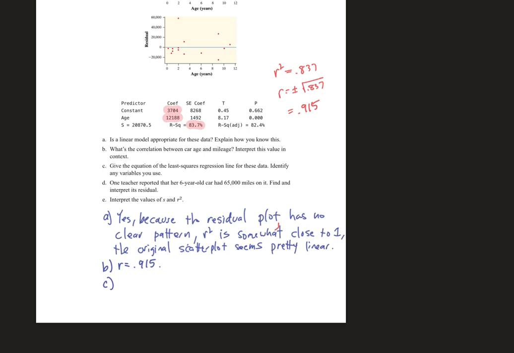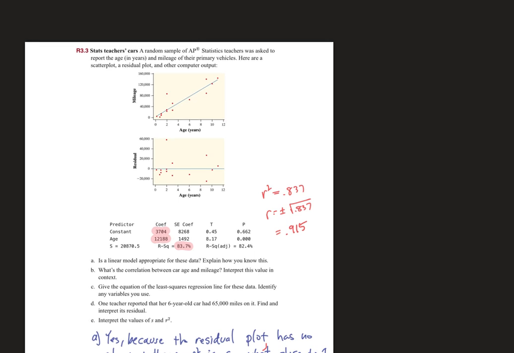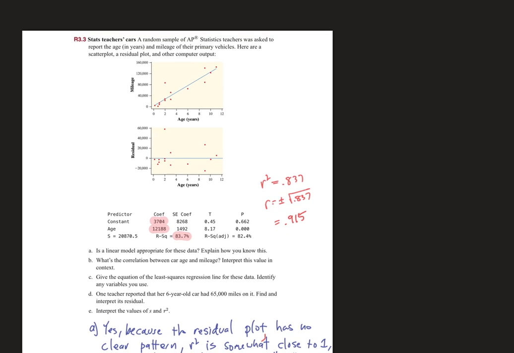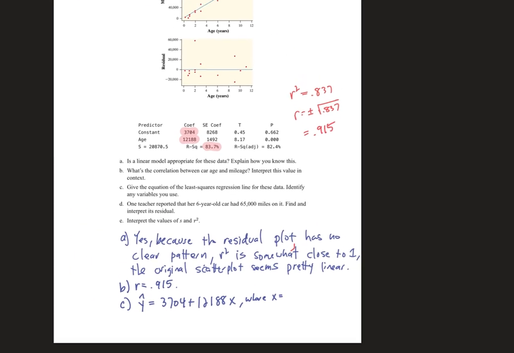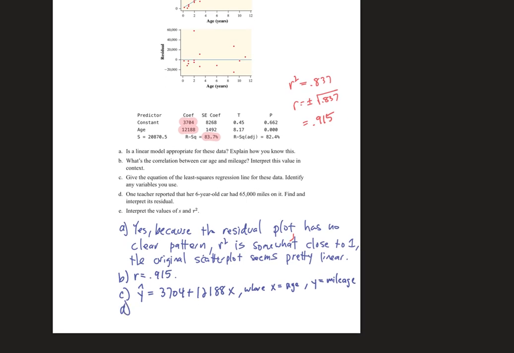For the least squares regression line, it's a predicting equation, so it's y hat equals the y-intercept plus the slope times x, where x equals the age of the car, and y equals the mileage of the vehicle. If I had more room, I would explain those better.